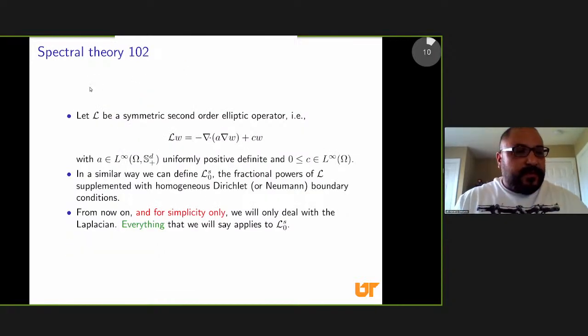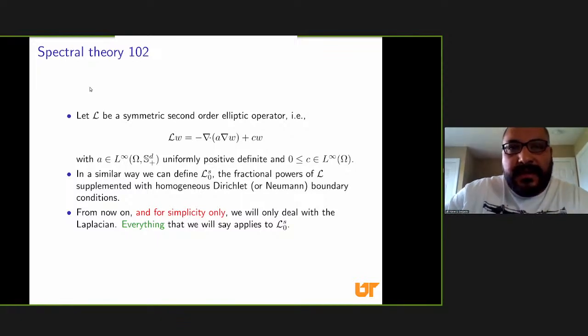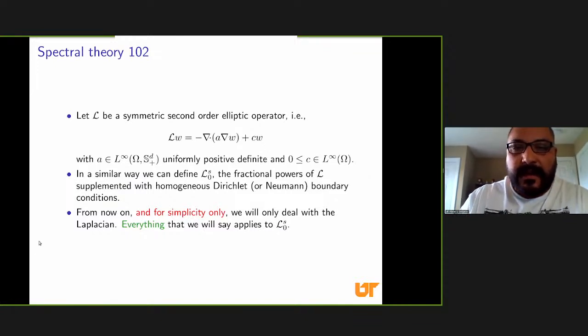But one of the interesting things here is that this was not something that was unique to the Laplacian. We can do the same for any other symmetric second-order elliptic operator. We can again supplement it with suitable boundary conditions, and we can also define fractional powers of this operator.